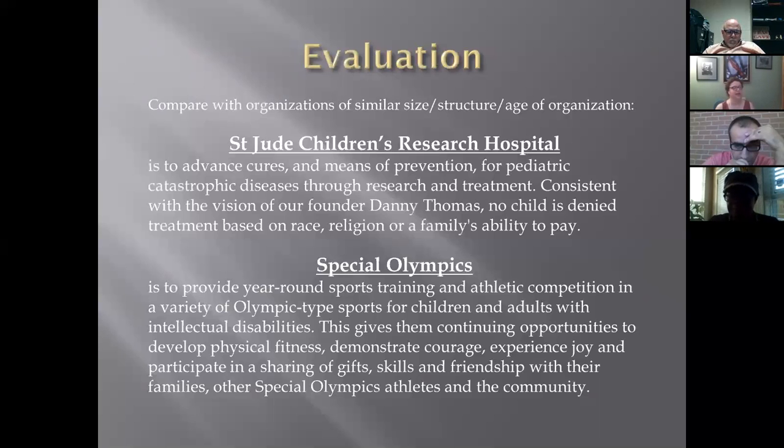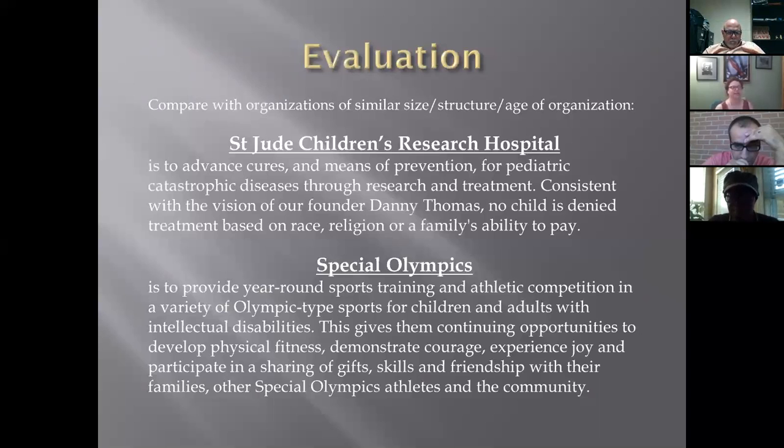Each one of these has a specific thing that they do. St. Jude's focus is on pediatric prevention of catastrophic disease and treatments, as you know, the commercials tell it every time you're on TV late at night. It's very specific, the same way that Meals on Wheels serves a very specific population and has similar structure and size.